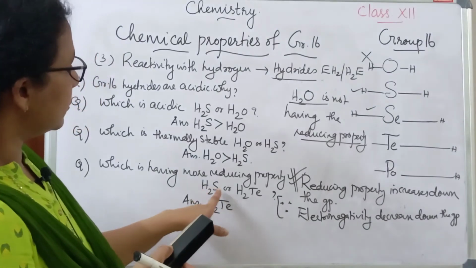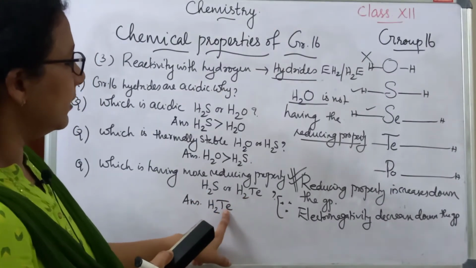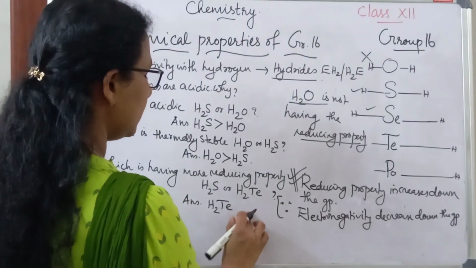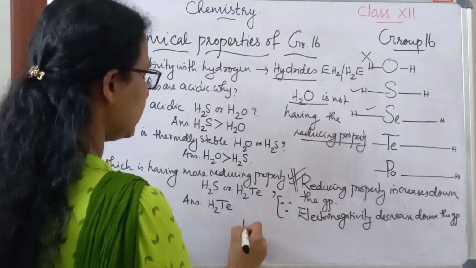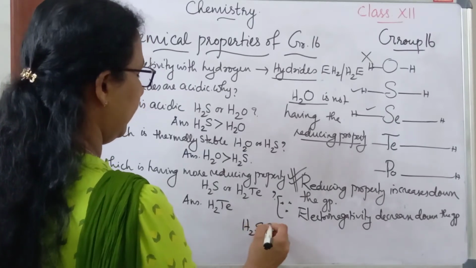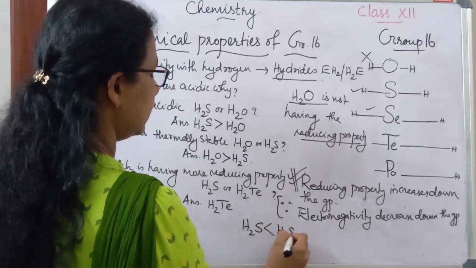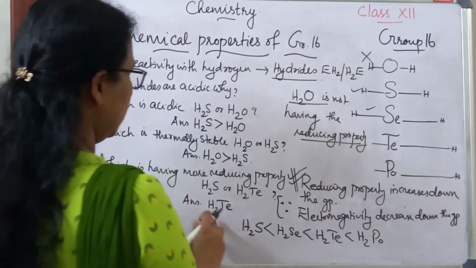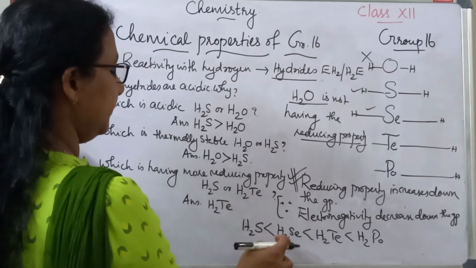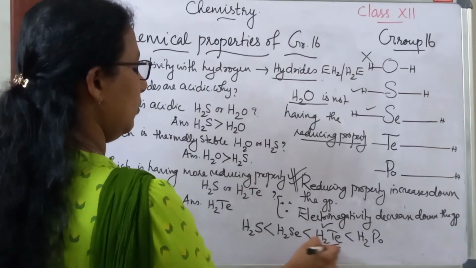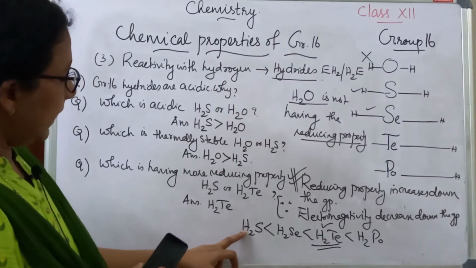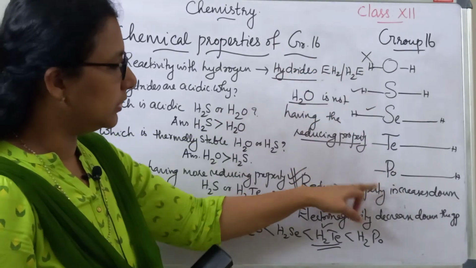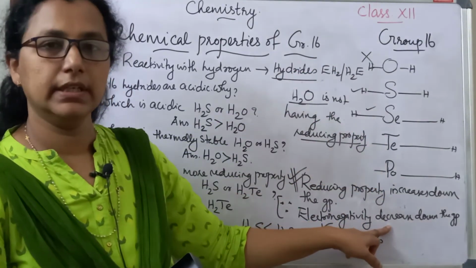So when we are comparing H2S and H2Te, H2Te will be more reducing. We can write the order of reducing property: H2O will not show any reducing property, then H2S is less than H2Se, less than H2Te, less than H2Po. So H2Te has more reducing property than H2S, because the electronegativity decreases down the group.